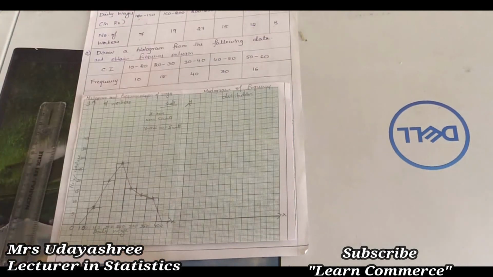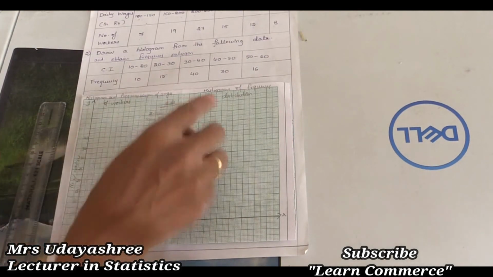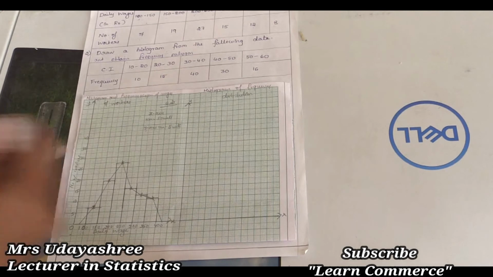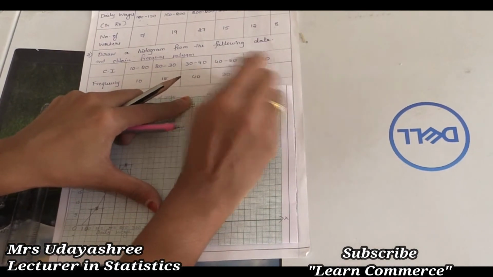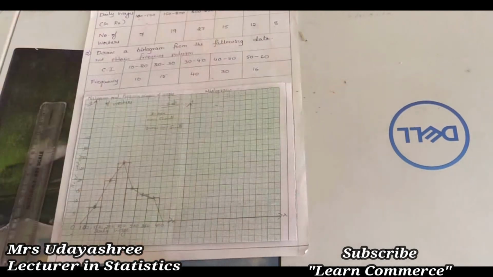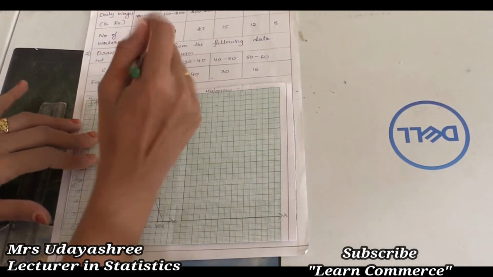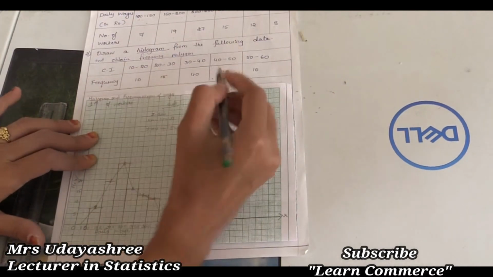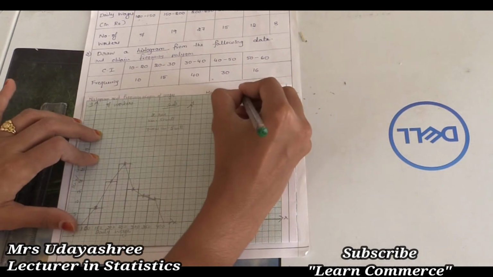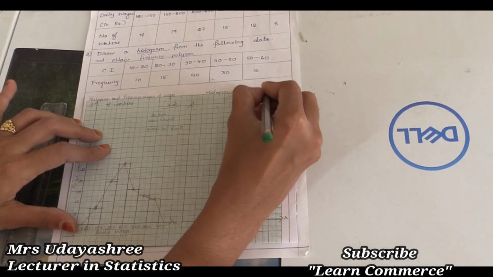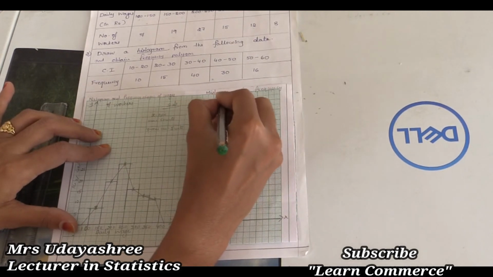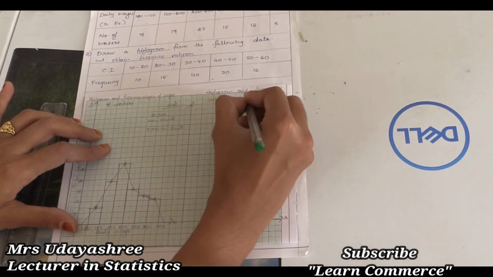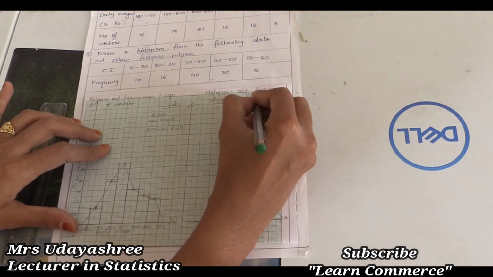Therefore here we need to draw histogram and frequency polygon, so suitable title is histogram and frequency polygon of frequency distribution.